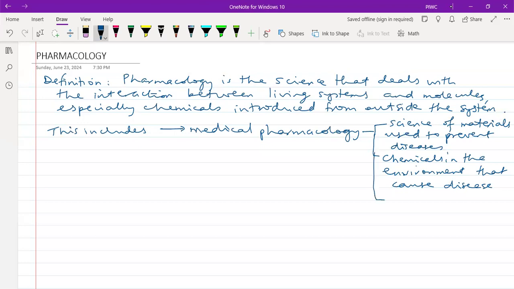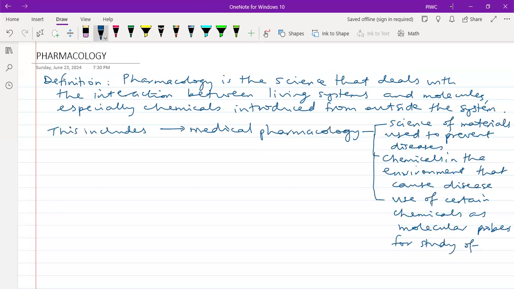And then the use of certain chemicals as molecular probes for the study of normal biochemistry and physiology.